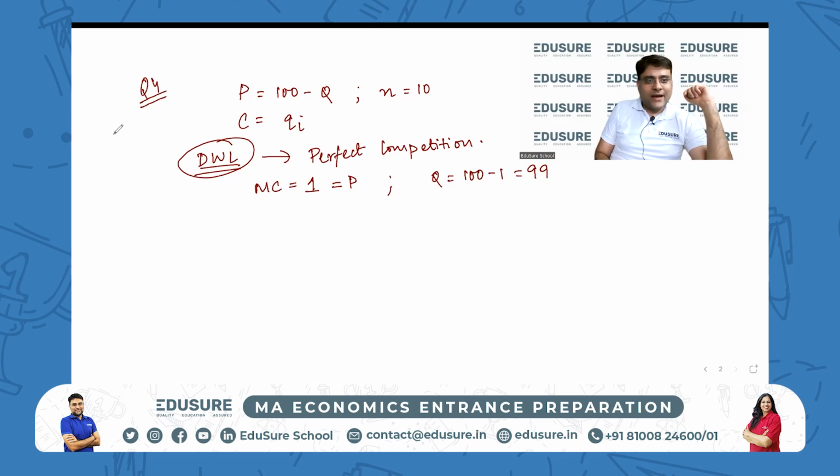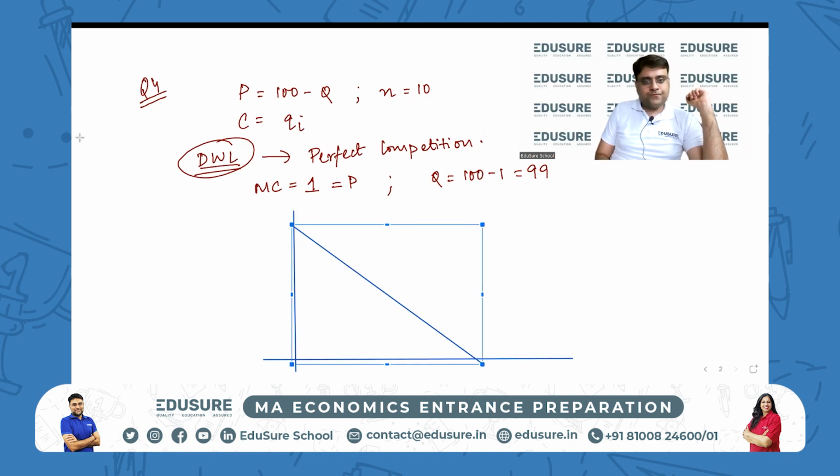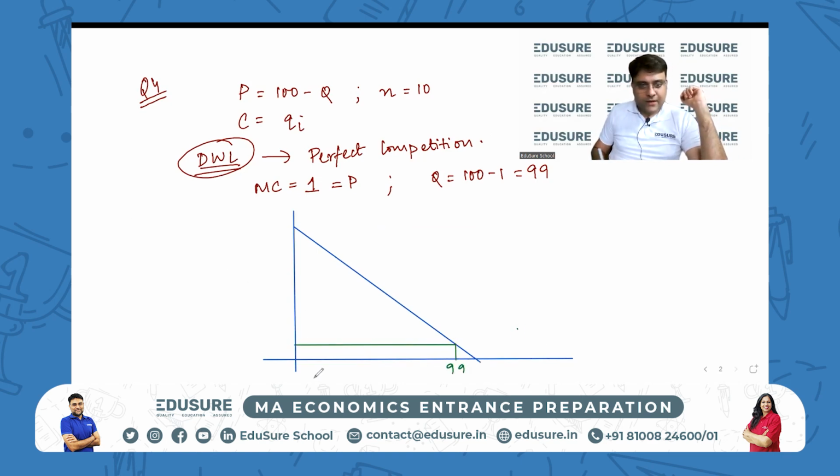So we can draw the diagram according to perfect competition. 99, 1. Okay. Now, what is the producer surplus? The producer surplus is 0. There's no profit.